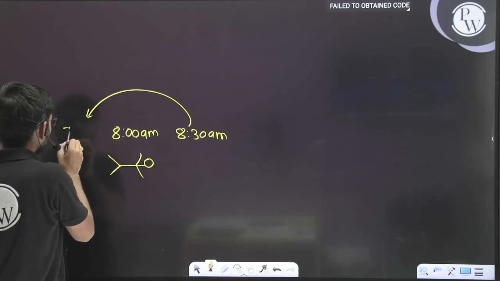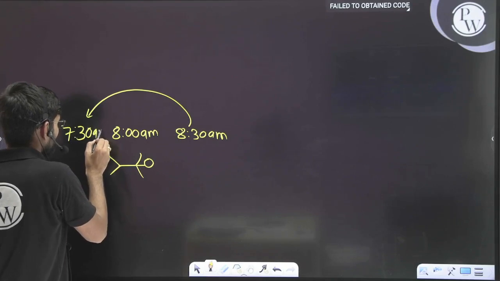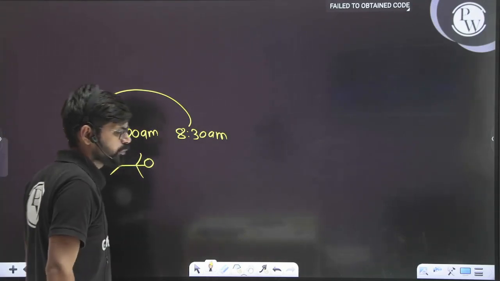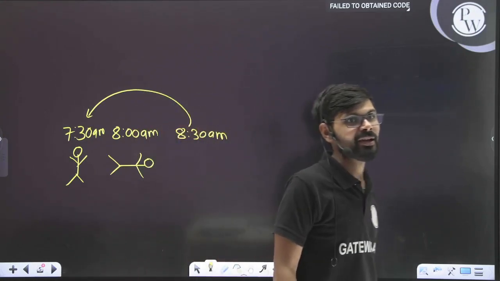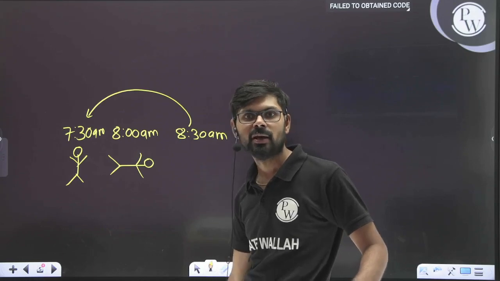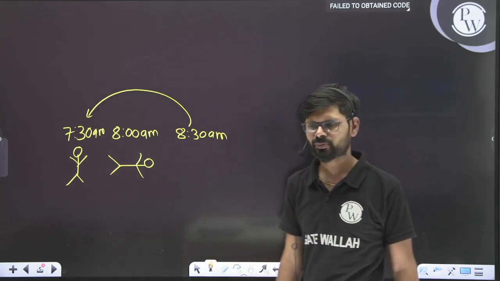Now we can restore the condition at 7:30 a.m., for example. Now at 7:30 you will find that this person is actually alive. Now you can ask him, where is the gold? You are getting my point. But this is not feasible. This is basically not possible because a reversible process itself is not possible. It is just a hypothesis.